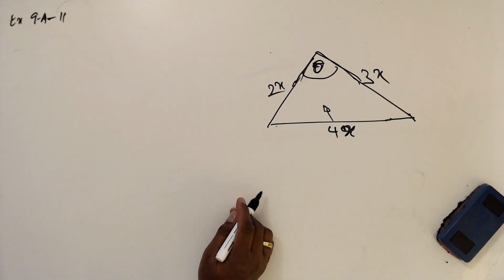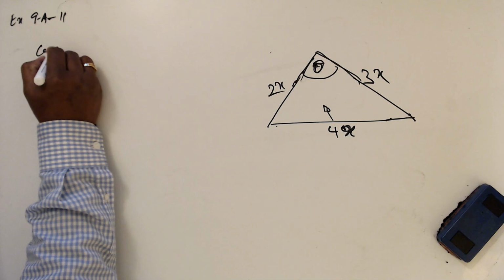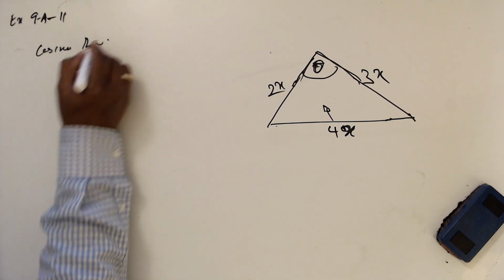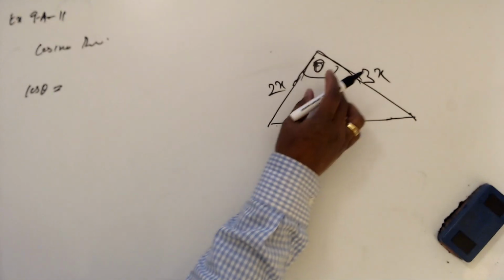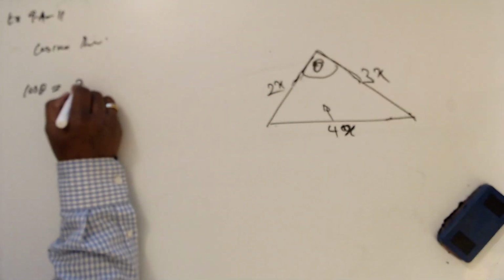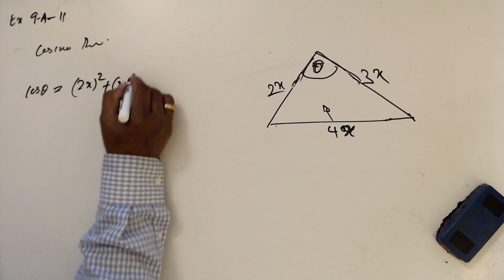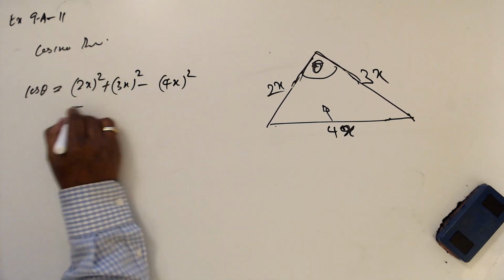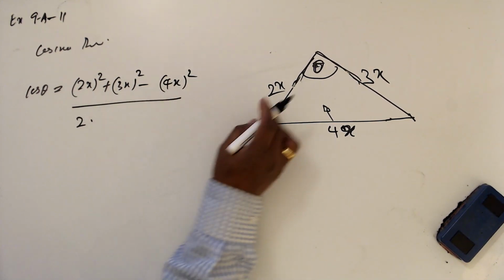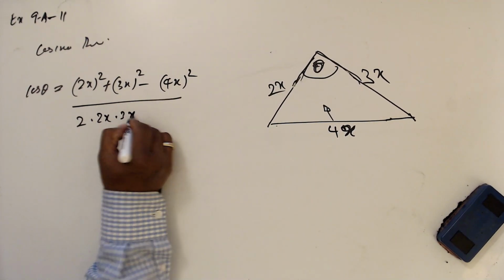Now from the cosine rule, cos theta equals, with those two adjacent sides, 2x square plus 3x square minus 4x square divided by 2 times this distance and the other distance.